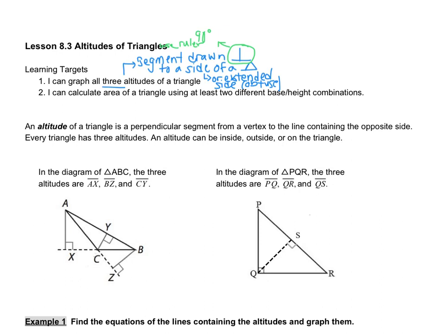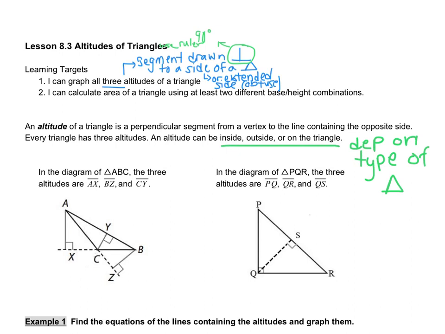Underline that, because we want to make sure that we understand that that depends on the type of triangle that you are dealing with. Inside altitudes are going to occur whenever we have an acute triangle.